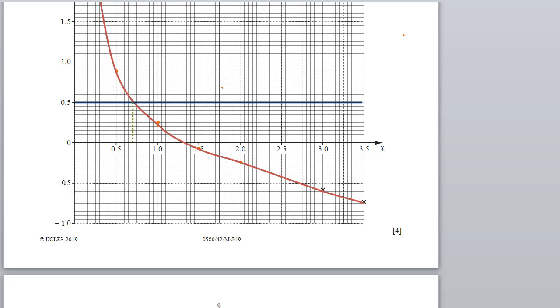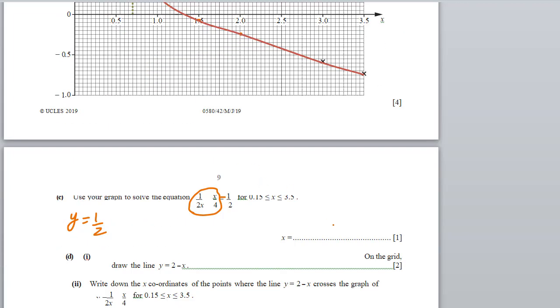So I draw the line here, y equal to half, and it intersects the curve here. I go down to this point, so I have 55, 60, 65, 70. So x is equal to 0.7.